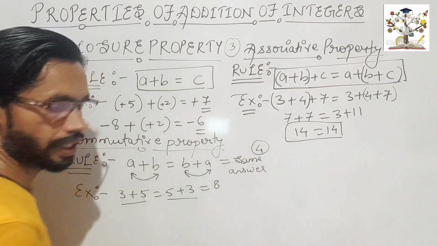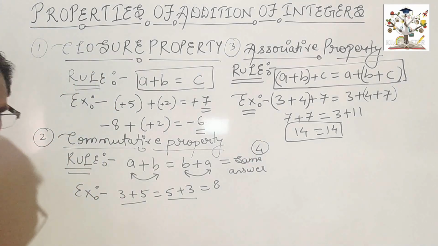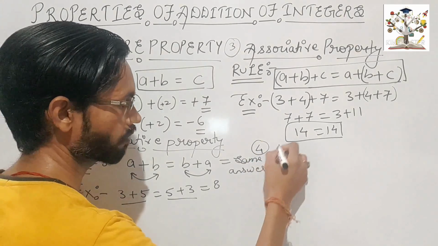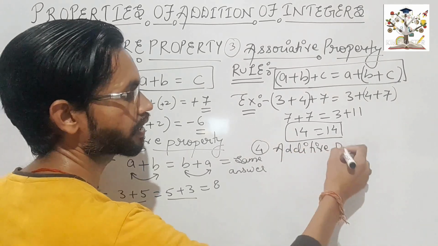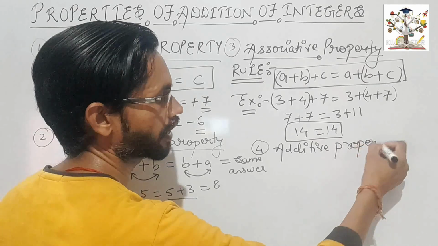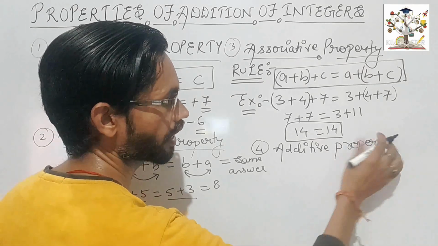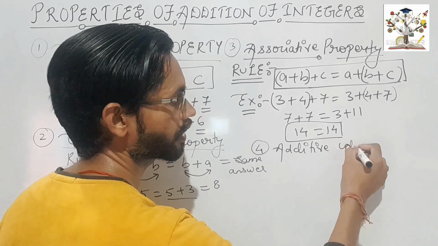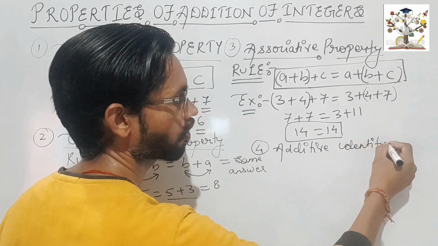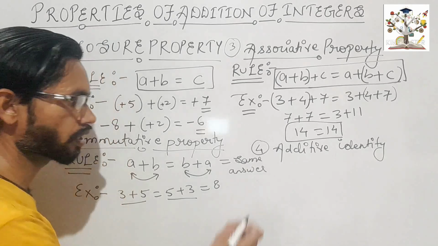Coming to the fourth property, that is the second last. The second last is additive identity. This property is very easy. So what is the rule for this?